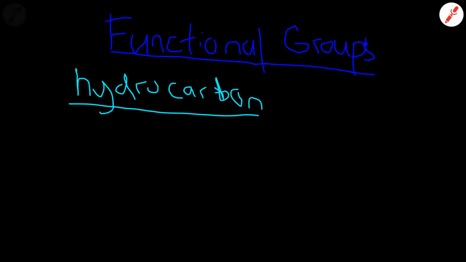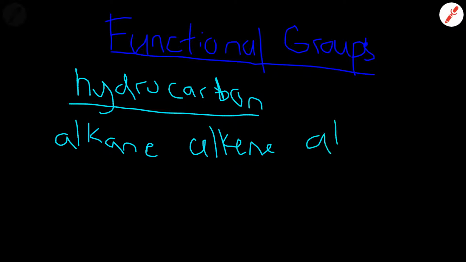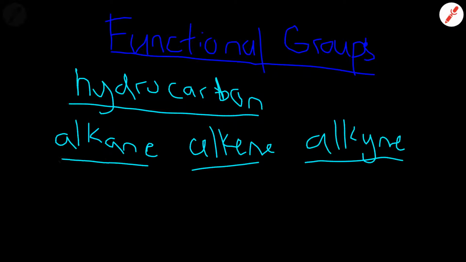But when we're looking at our hydrocarbon functional groups, we have three classifications. Essentially, we have an alkane, alkene, and alkyne. So, when we're looking at these, they are only going to be made of carbon and hydrogen.